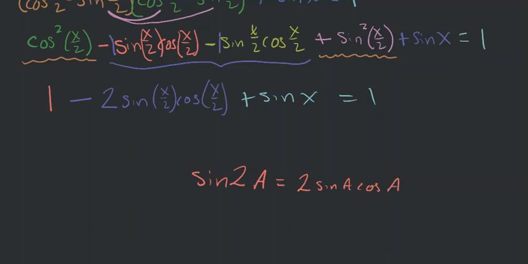Now here in this particular one, I want us to notice, this is a formula written on your formula sheet. I want you to notice that this is 2 of these guys. Well, with this formula, we don't have this in our equation. We don't have 2 sine A cos A. We have something that looks close to that, but not exactly the same. So let's just write what we have down here. We have 2 sine x over 2 cos x over 2, which is not exactly the same as that, but very, very similar in form.